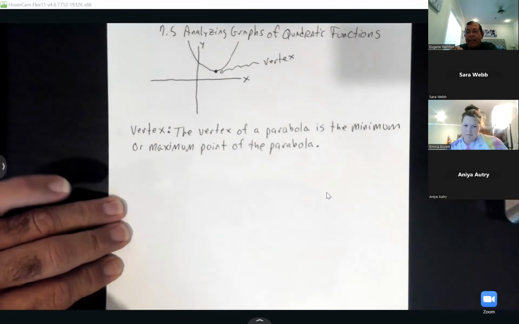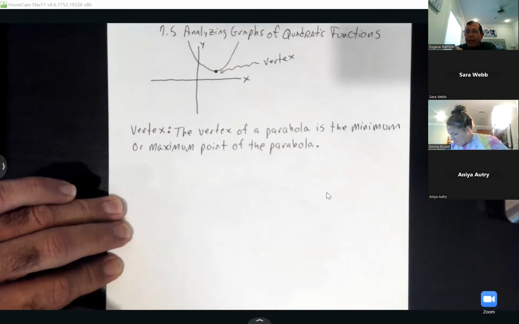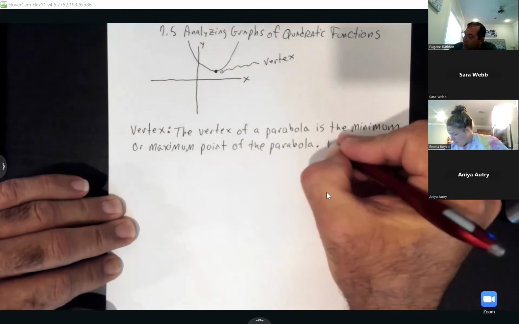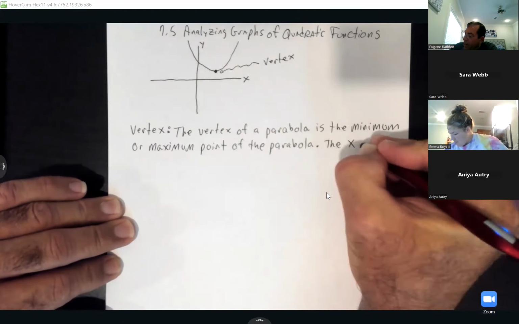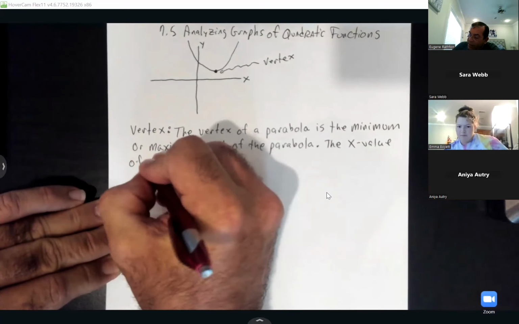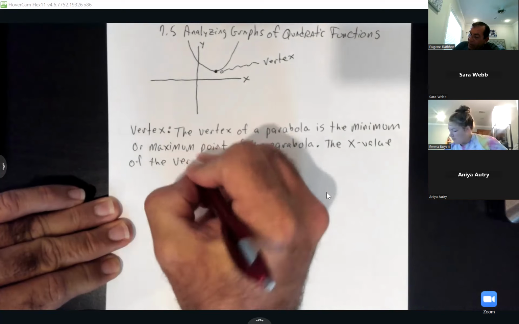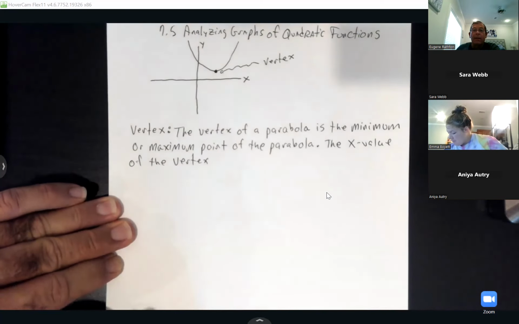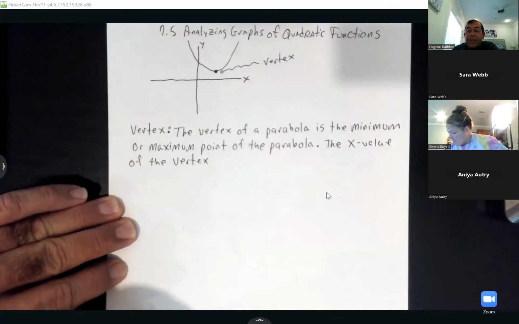Now, there's a few things that this vertex point tells me. The x value of the vertex gives us the line of symmetry.